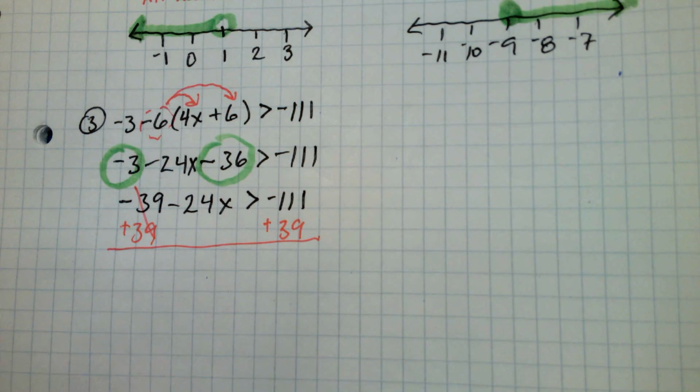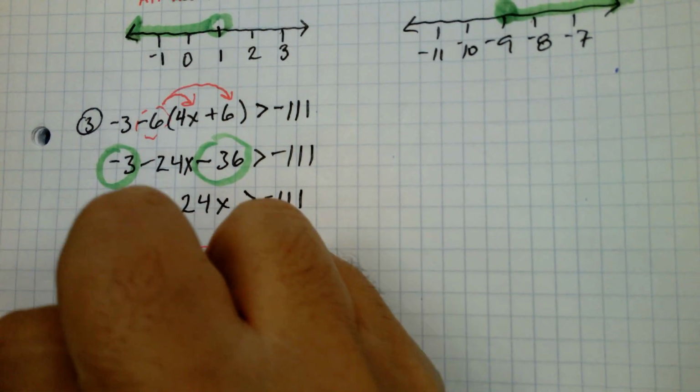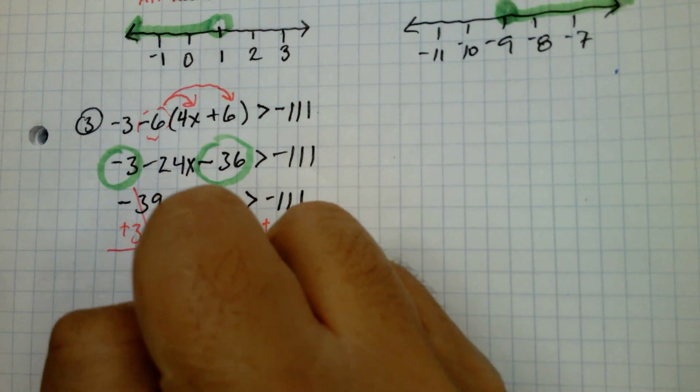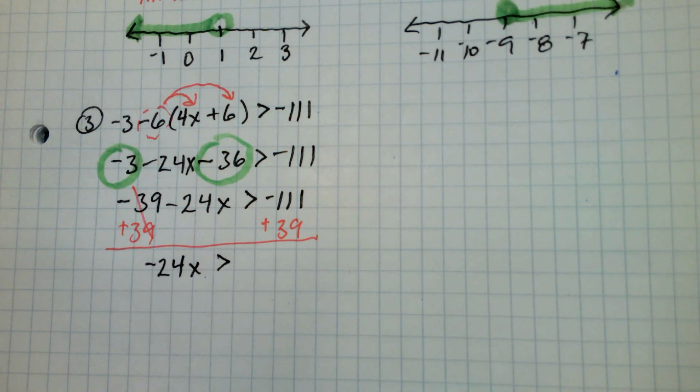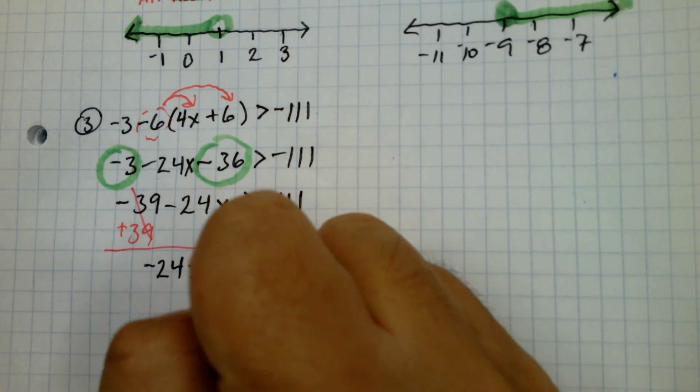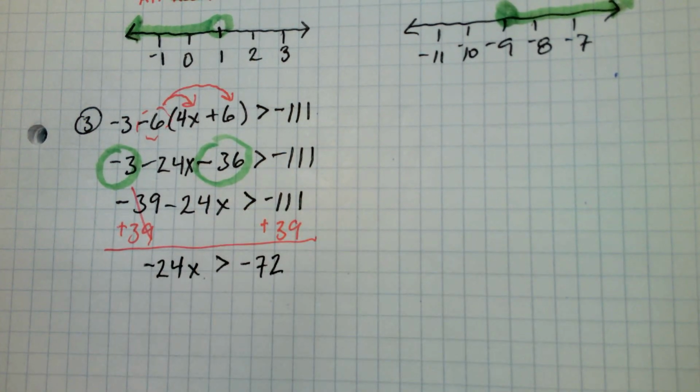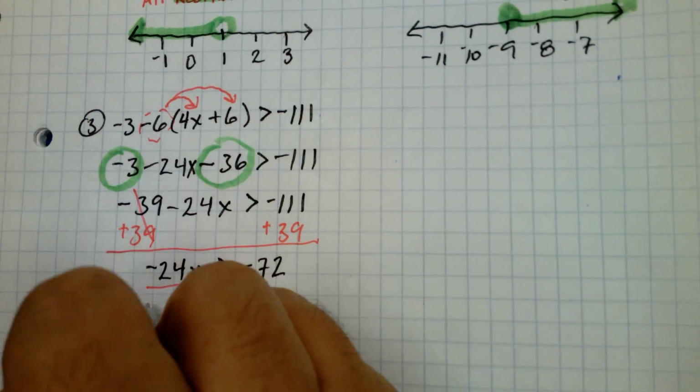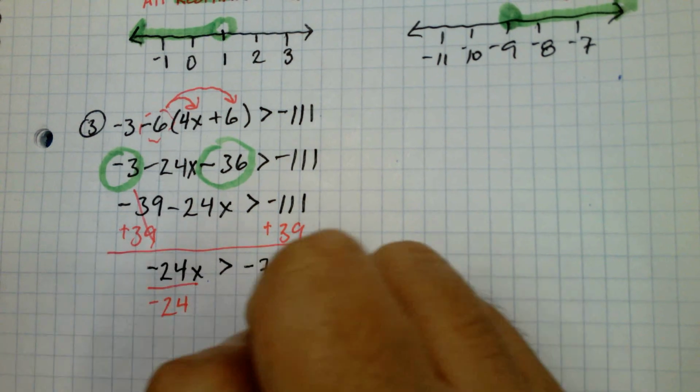Okay, so we've got -24x greater than, what's -111 plus 39? Yeah, -72. We'll get rid of the -24. Hopefully we'll get an integer. If not, it's a fraction.